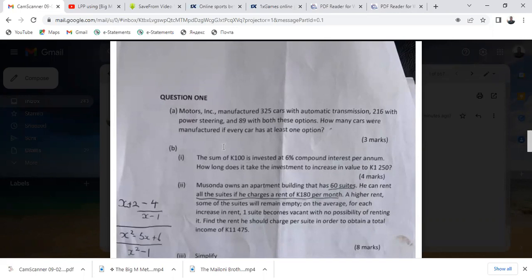On the average, for each increase in rent, one suite becomes vacant with no possibility of renting it. Find the rent that should be charged per suite in order to obtain a total income of 11,475. What do we do here? Guys, what do we do?